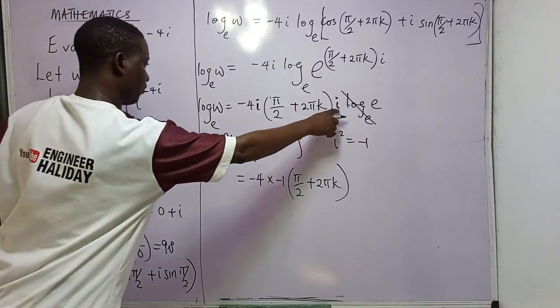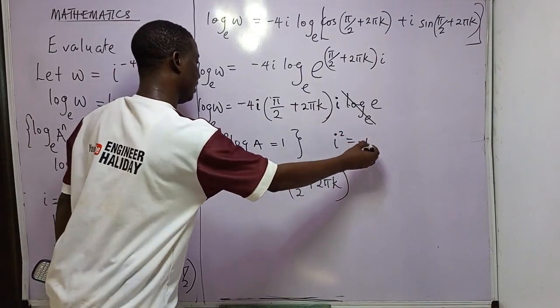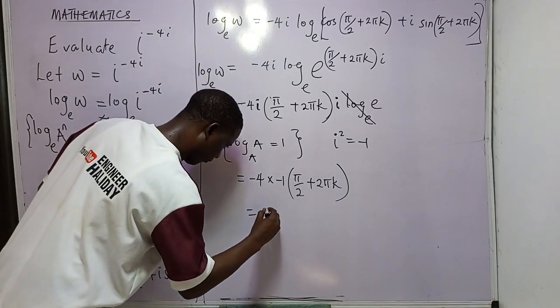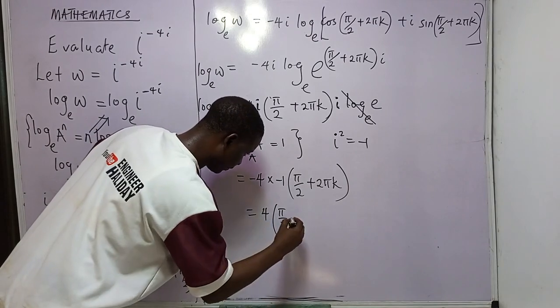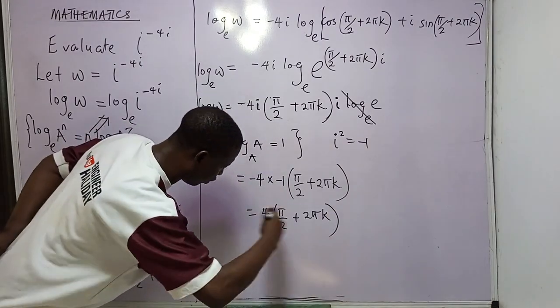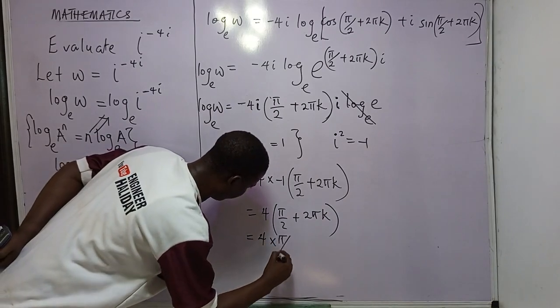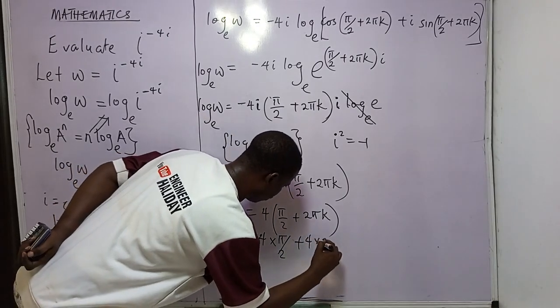This i times this i is i squared, and i squared is equal to minus 1. So this one gives us 4 into bracket pi over 2 plus 2 pi k. Now let's multiply both by 4. This one will now be 4 times pi over 2 plus 4 times 2 pi k.